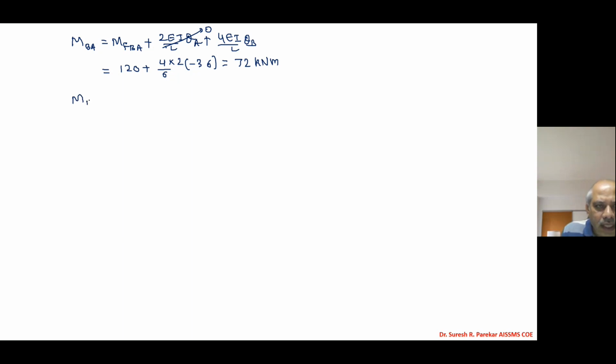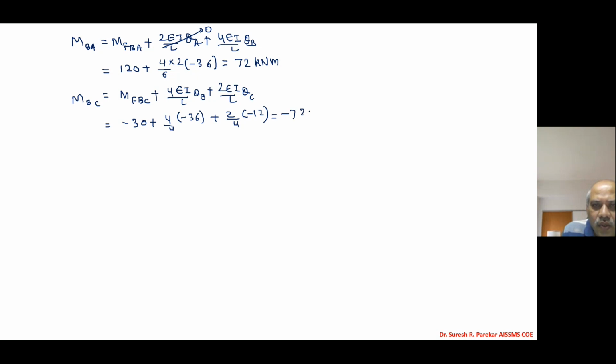Then MBC equals MFBC plus 4 EI upon L theta B plus 2 EI upon L theta C. MFBC is minus 30 plus 4 by 4 into minus 36 plus 2 by 4 into minus 12, and we get minus 72 kilonewton meter.